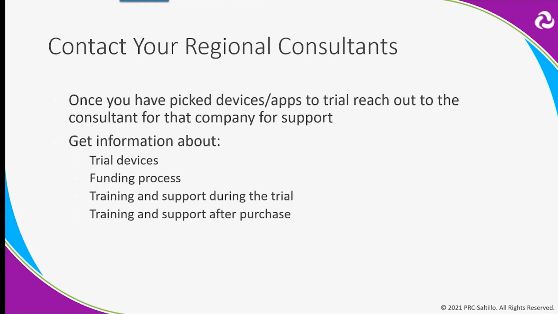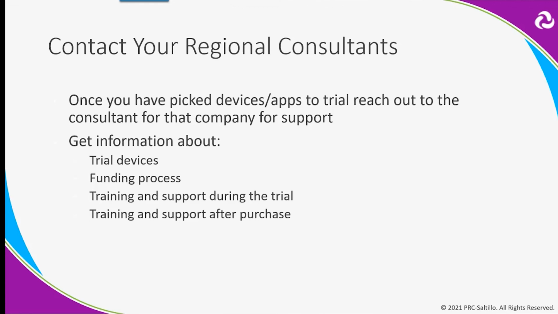Wrapping up in the next couple minutes here, we do want to point out those next steps. When you've done your feature matching, reach out to the manufacturers of the devices and apps and find out if they have a rep or a consultant that you can reach out to. Sometimes that is one of those factors too, where we really like this app, but there's not a rep or a consultant to help support it, and we're stuck with that. That's not going to be good for us.